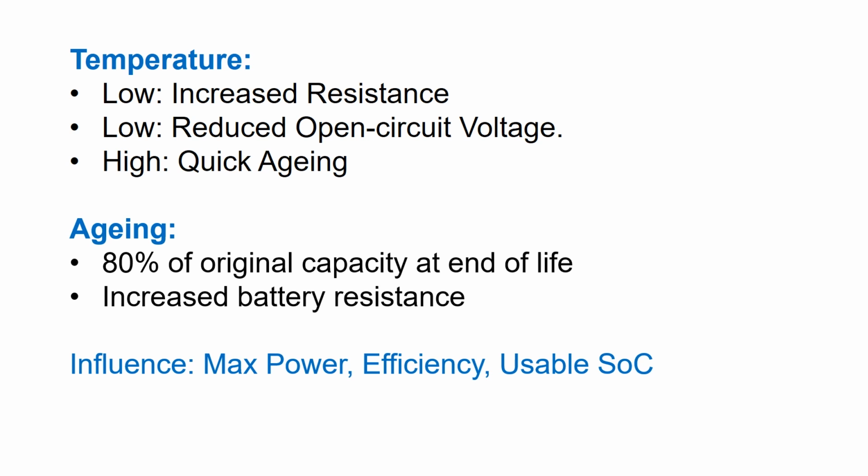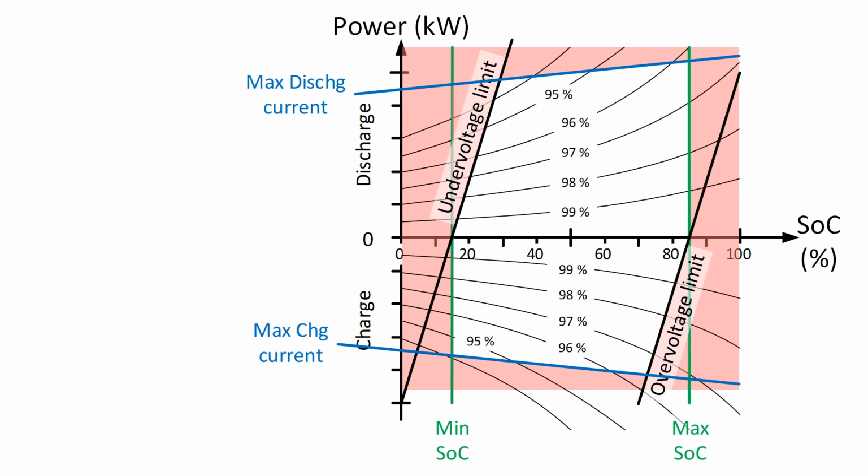So there are many reasons why the operating region of the battery may be lower than what we have derived. We have to size the battery so that all required operating points fall within the allowed operating range. But the operating range we have shown so far is only valid for a new battery at its right temperature.